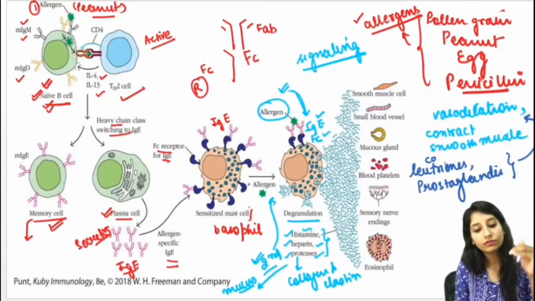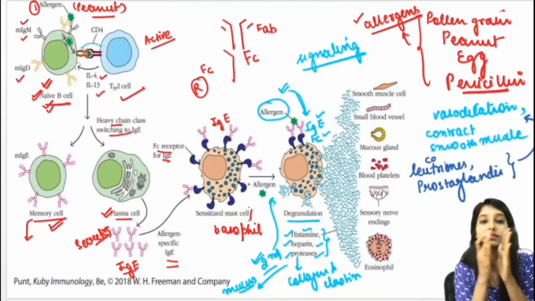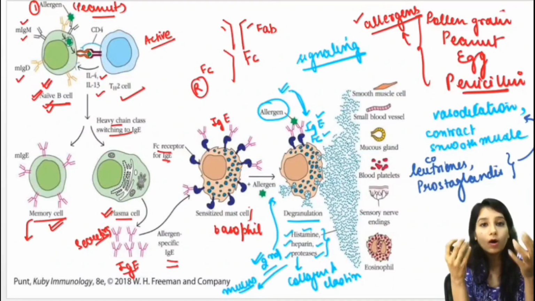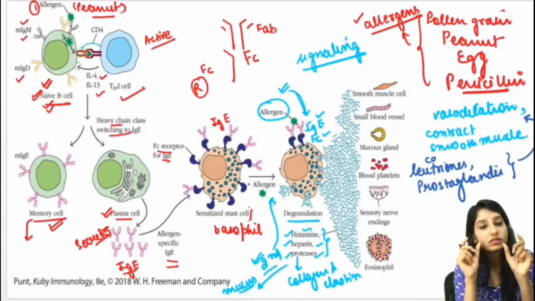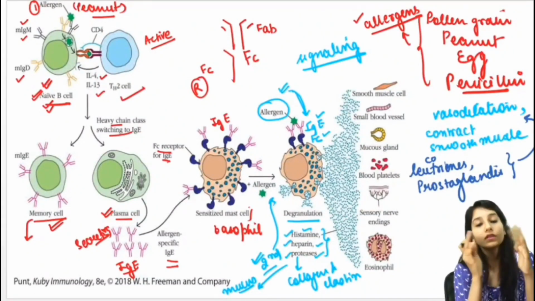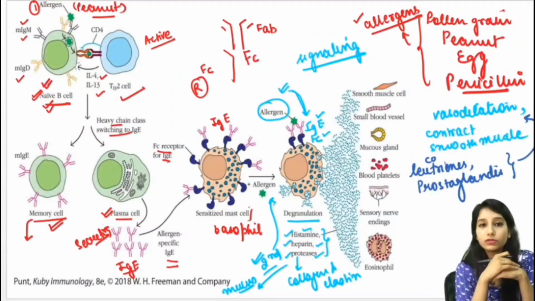Now in all, your blood vessels have become dilated, so more blood is pumping in your body and more blood is coming to your skin. With that, smooth muscles are contracted, especially the smooth muscles of your bronchi and bronchioles, due to which the size of the bronchi and bronchioles is reduced. And if it is reduced, less air will be able to pass.